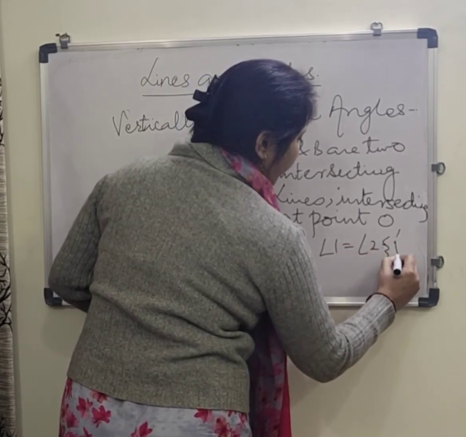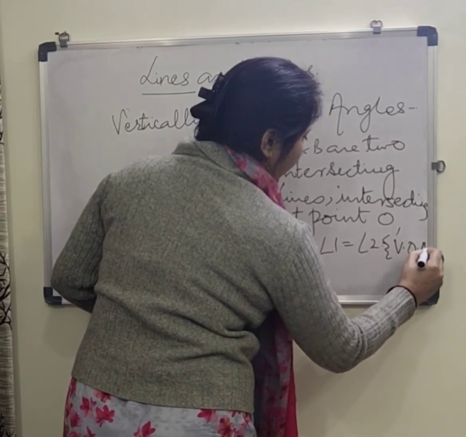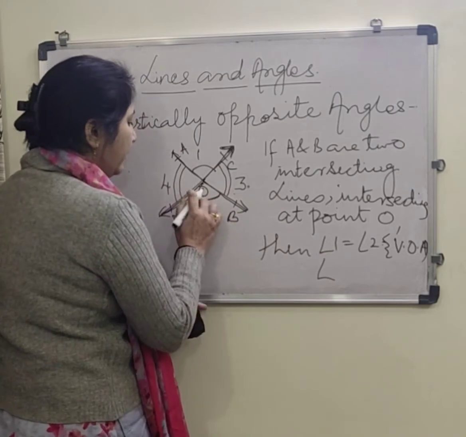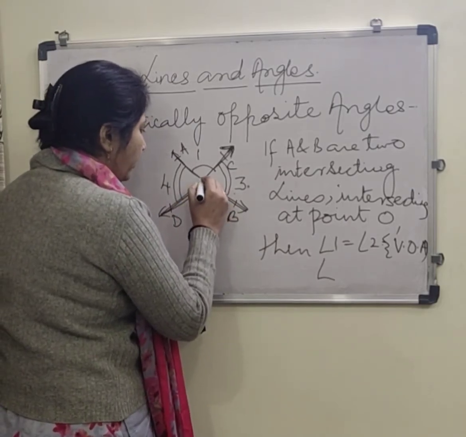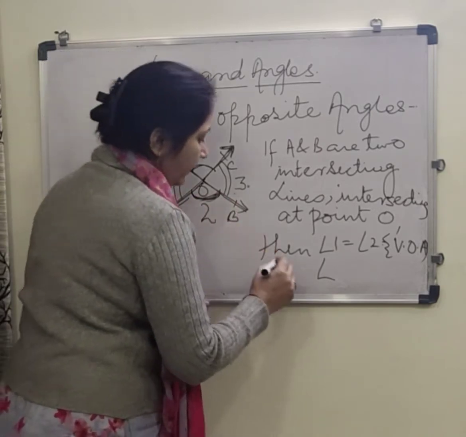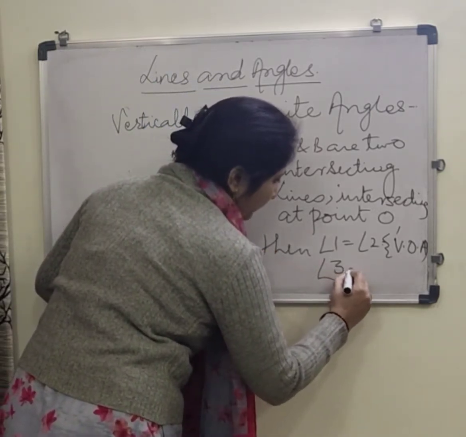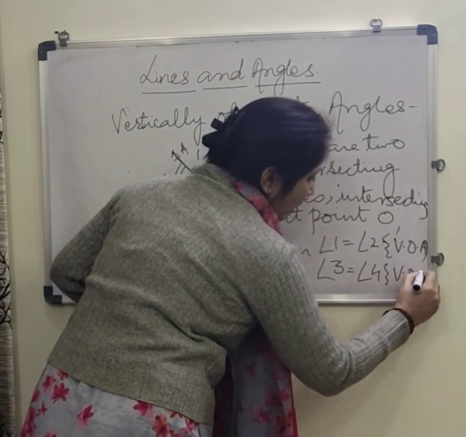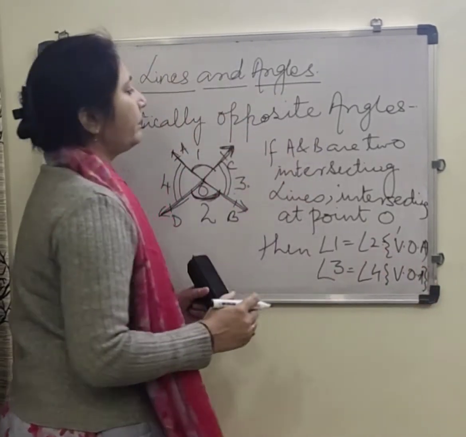Why? The reason is they are vertically opposite angles, which means they are in opposite directions. This one is facing this side, and angle 3 is equal to angle 4 with the same reason, vertically opposite angles.